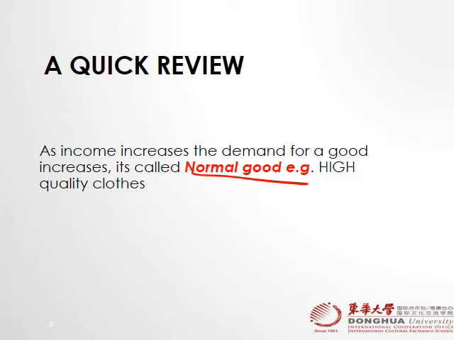What do we mean by the normal good? If your income rises and the demand for the product that you are consuming also rises, we call this a normal good. We give the example of high quality clothes. Another example could be a 2-star or 3-star restaurant.